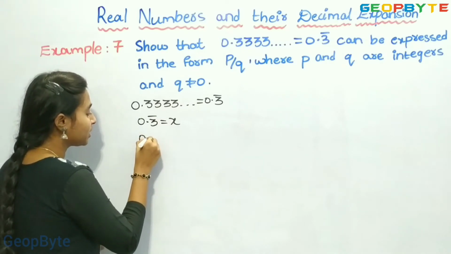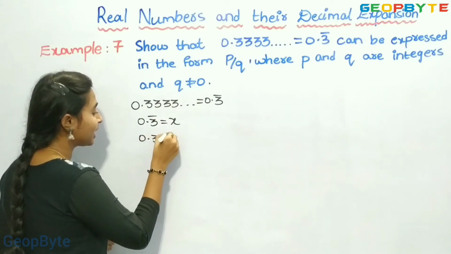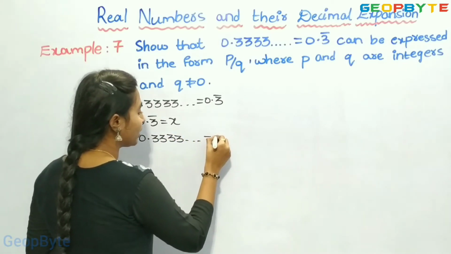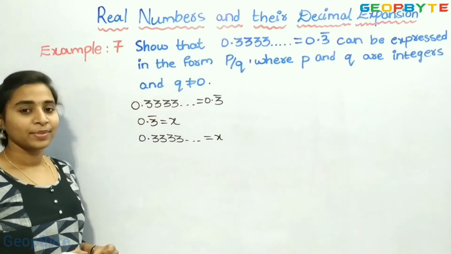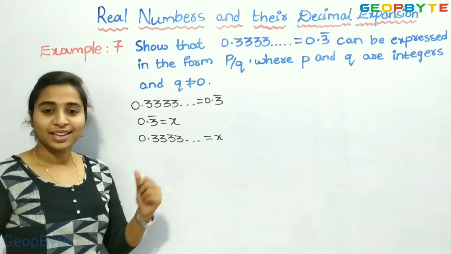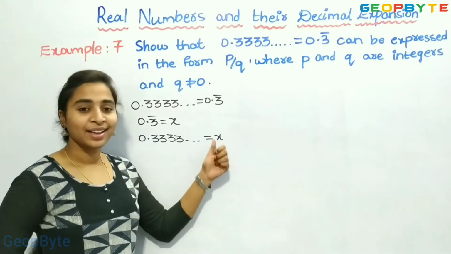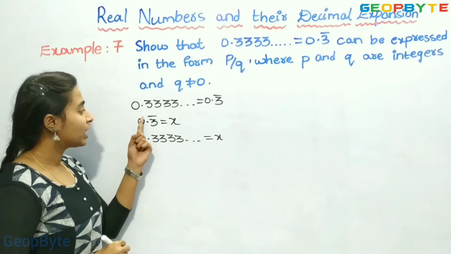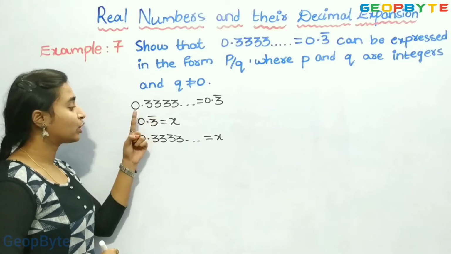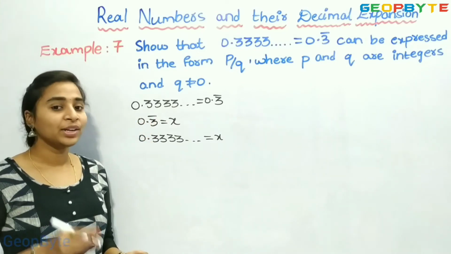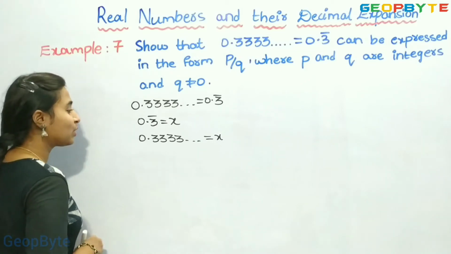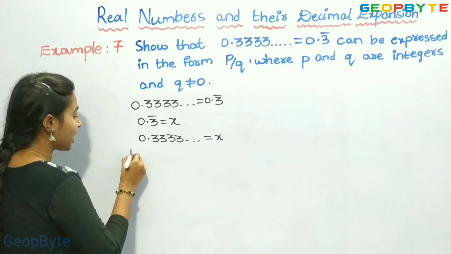So, 0.3333 and so on is equal to x. Now, we need to multiply 10 on both the sides, that is left hand side and right hand side, because we have bar for only one digit. So, if we have bar for only one digit, we need to write only one 0. So, 10 has only one 0. Let us multiply 10 on both the sides.